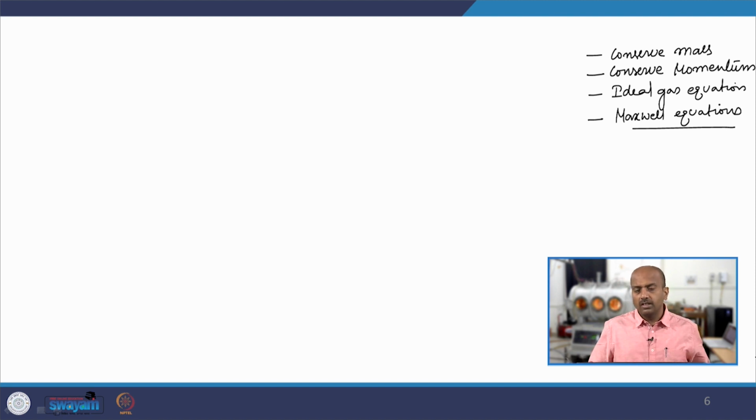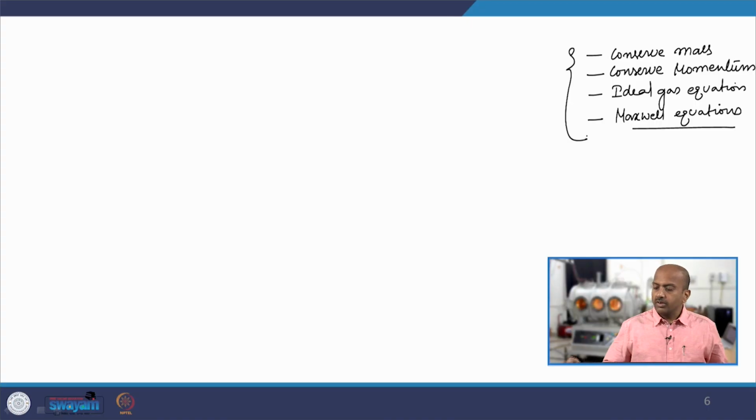But at the end we realize that generally the fields that we try to impose are not prescribed. We do not prescribe what type of fields will exist, but they are actually determined. Plasma itself determines what kind of fields will be there, and it is a self consistent motion. So, particle theory may not actually be suitable for the entire description of plasma, right. So, this is the set of equations that we need.